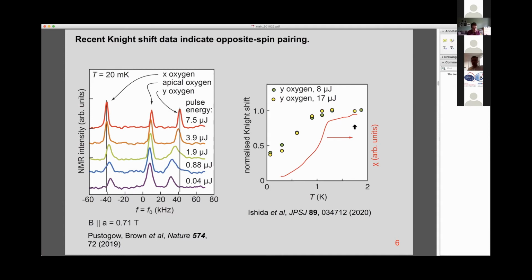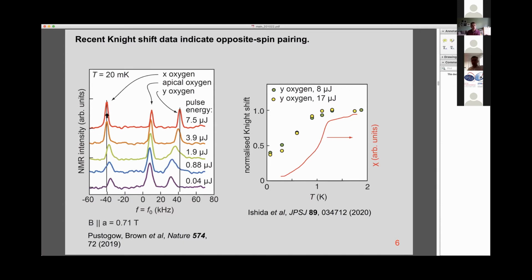Now, one thing that has changed recently in strontium ruthenate is that NMR Knight shift evidence now supports even parity pairing. So on the left-hand side, I show data from Stuart Brown's group at UCLA. This is the NMR intensity versus pulse energy at a temperature of 20 millikelvin. With the highest pulse energy, the electrons are kicked into the normal state, so we don't see the superconductivity.